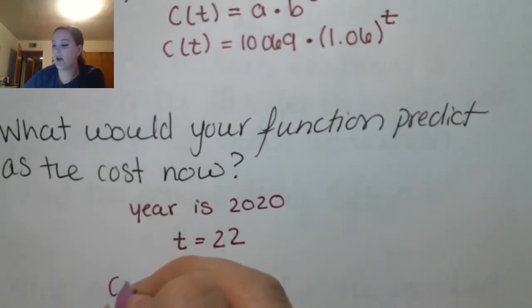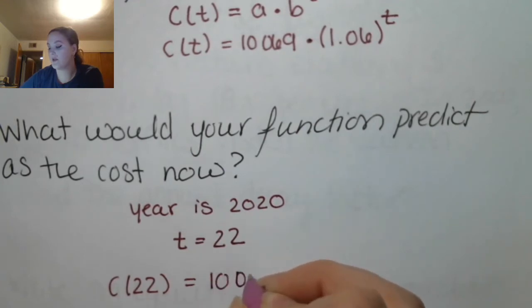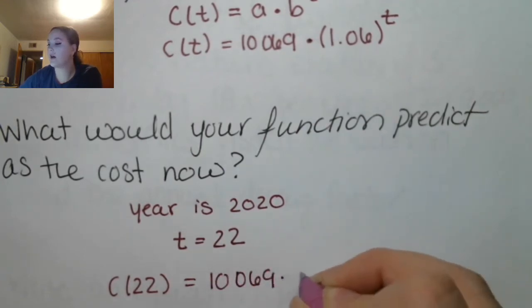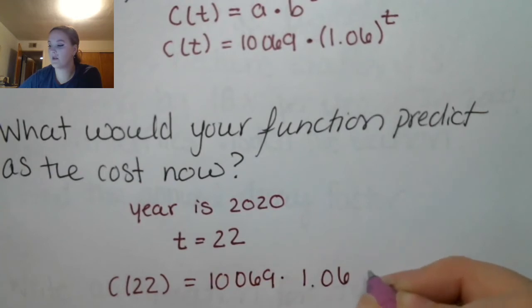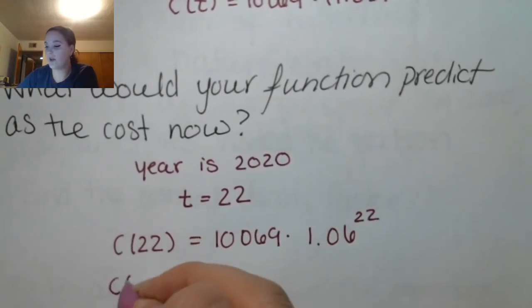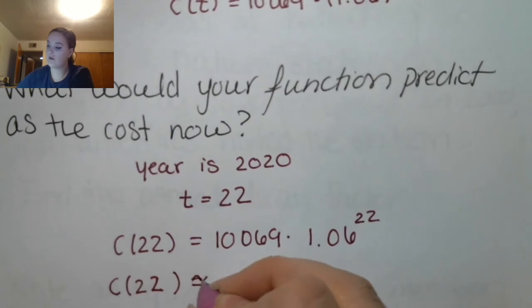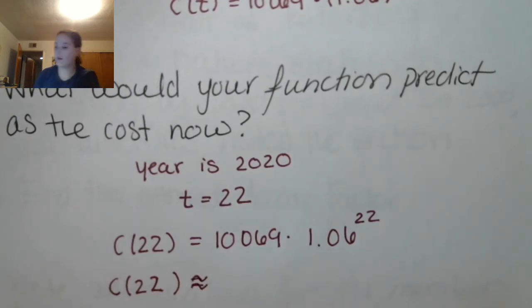We're going to plug that in for our function, so we'll have 10,069 times 1.06 to the 22 power. Then we're just going to plug this into a calculator to get our approximate value.